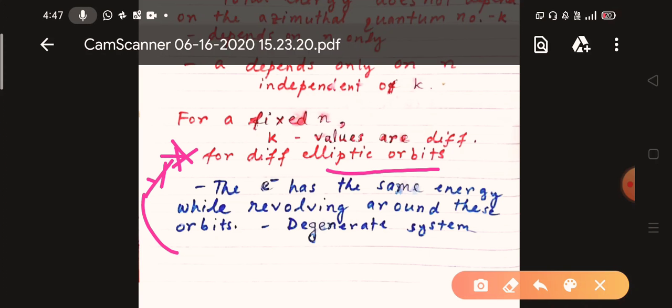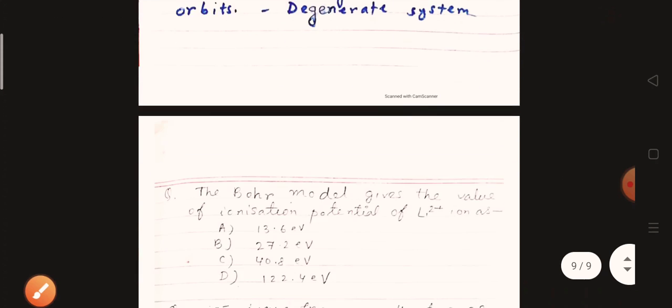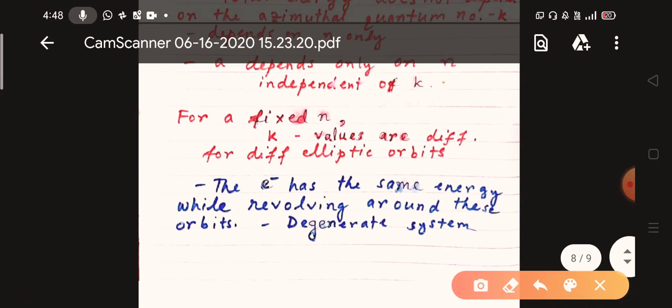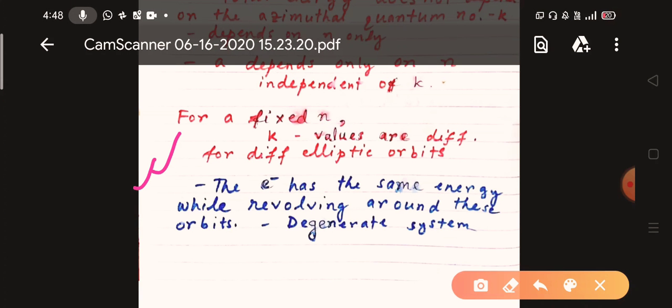So although the orbits are different, if n is fixed, that is n is equal for different k values, the electron has the same energy, and this is a degenerate system. Orbits that are different but have the same energy value are called a degenerate system. This is a very conceptual question that you may be asked.